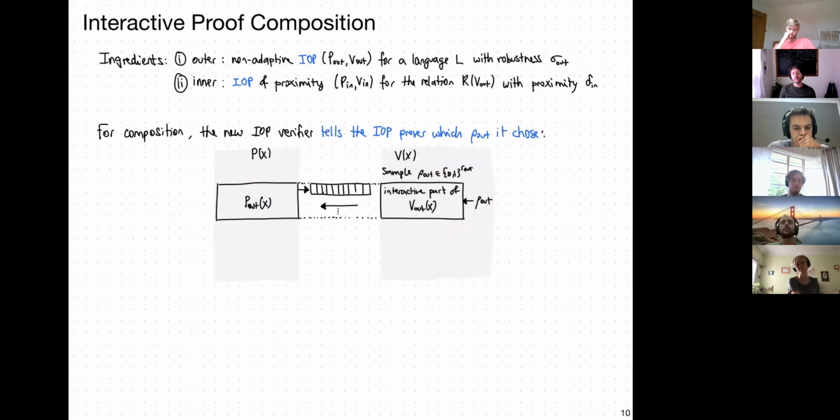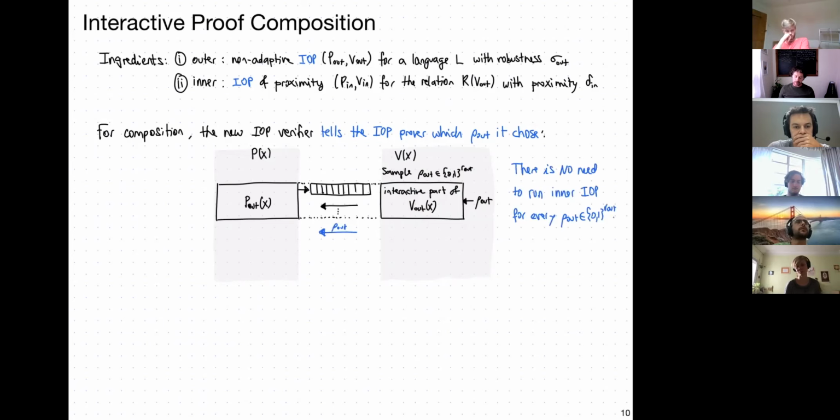So what happened in the interaction of the outer IOP? The prover is sending an oracle and the verifier replying with some of the randomness, and the prover sends another PCP and we reply with some more randomness. No queries are made so far. Then the interaction part terminated, and now we want to do the composition.